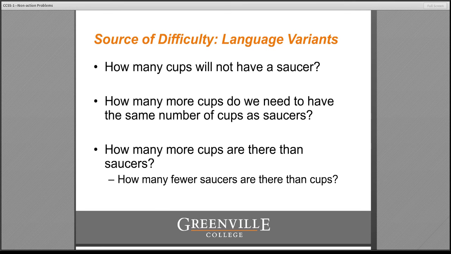That's an intuitive question that I don't think the students will struggle with, especially with the concrete materials. Then I might do several variations of that problem with the materials, and I might alter my language subtly each time so that at the end I'm using this language. So how many more cups are there than saucers? And that gets the students in the context of something real, seeing how their informal language connects to the formal language.